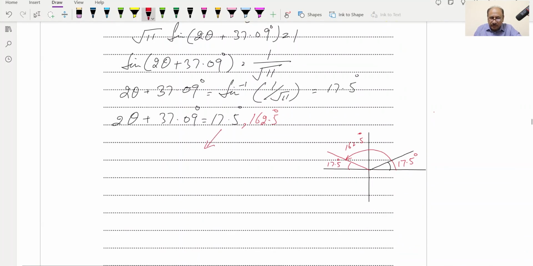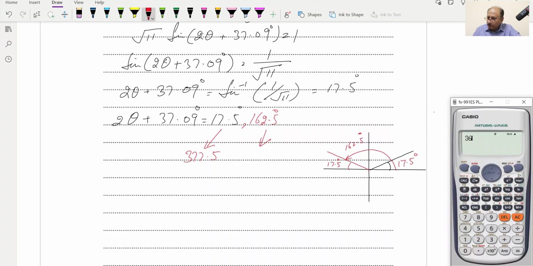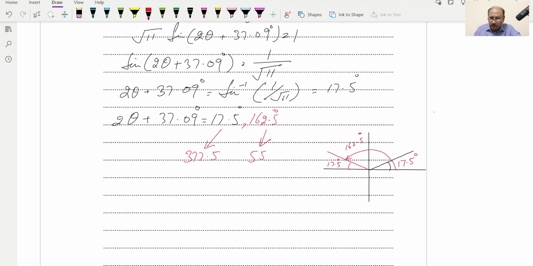For the second set we can add 360 to 17.5 and we'll get 377.5, and we will add 360 to 162.5 and we get 522.5. So we will check these angles.